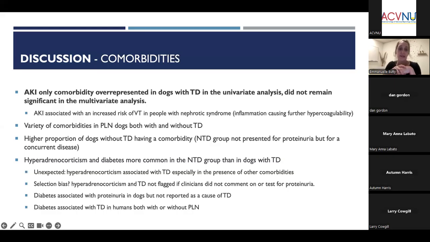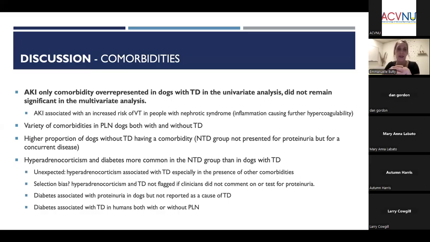Regarding the comorbidities, there was definitely a ton of comorbidities for each group, and the only comorbidity that they specifically looked at and that was overrepresented was AKI, but that did not remain significant in the multivariate analysis.